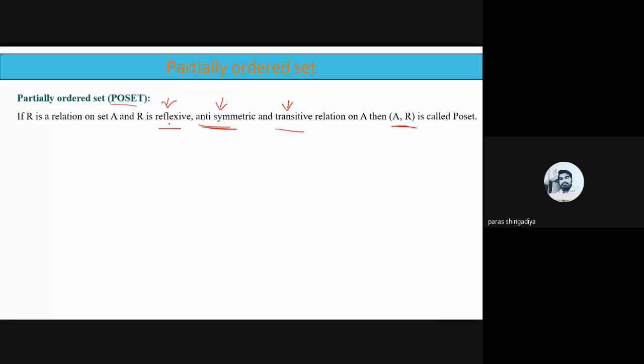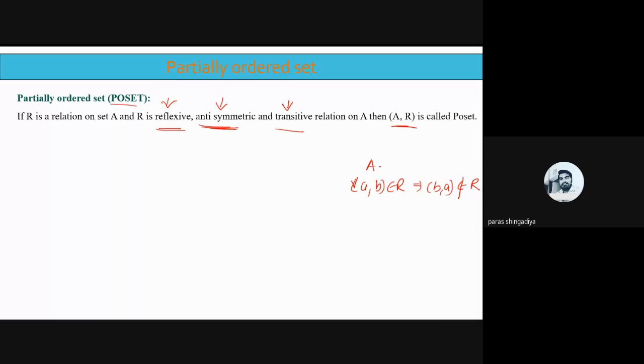Three conditions we'll check to verify whether it is a partially ordered set or not. The first is reflexive, and we already know how to check the reflexive condition. Then antisymmetric: what is the condition of antisymmetric? For any a, b belonging to A, if (a, b) belongs to R, then (b, a), its symmetric form, should not exist in R. That is the condition of the antisymmetric case.